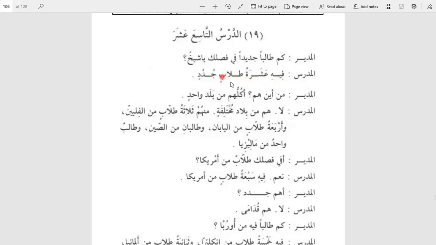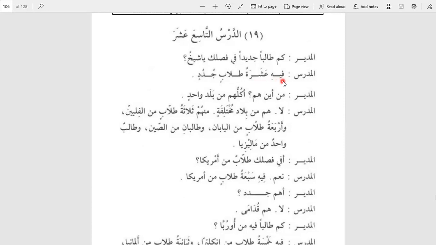Asharatu tulabin. Asharatu is a number, adad or maudud, and it is also mubtada, and huwa mudaf, and tulabin is mudaf ilayh, and this is na'at. When the mubtada comes late after the khabar, it becomes mubtada muakhirun, which means a delayed mubtada.